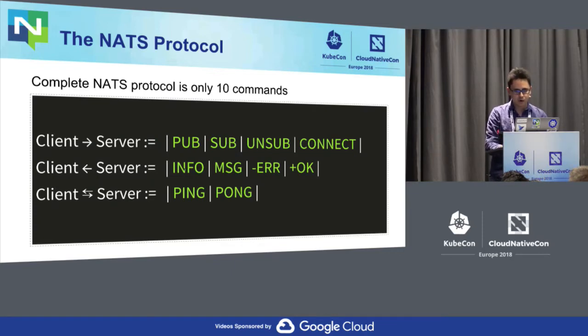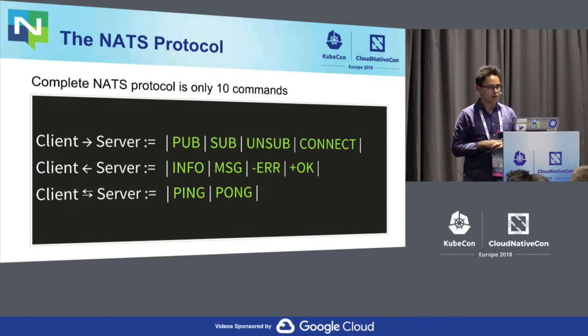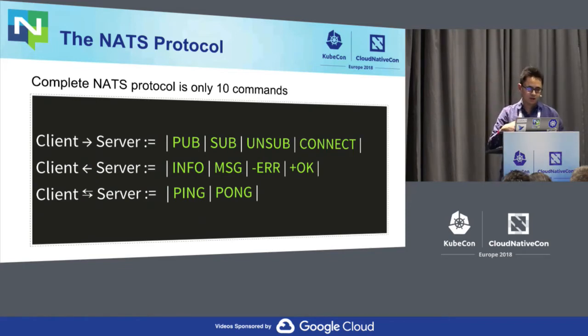There's the info protocol, which is used both for sharing metadata with the clients and for gossiping the network topology from the cluster. This is how the auto-discovery mechanism works: as soon as a new server joins the cluster, these network locations are gossiped to the clients.